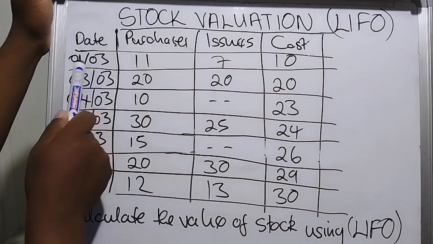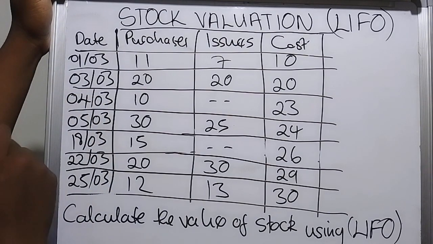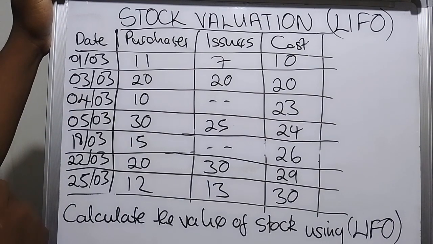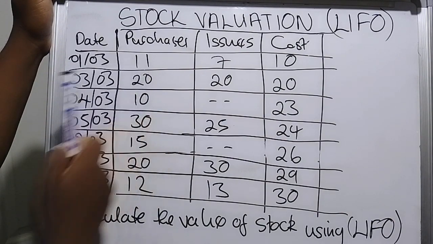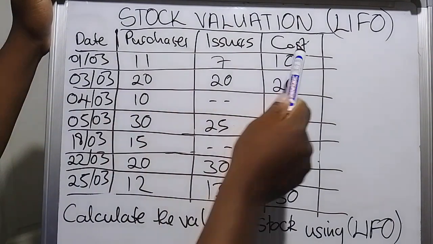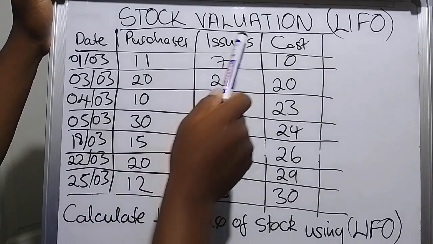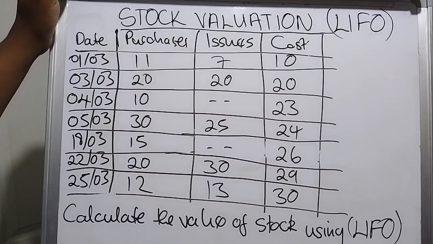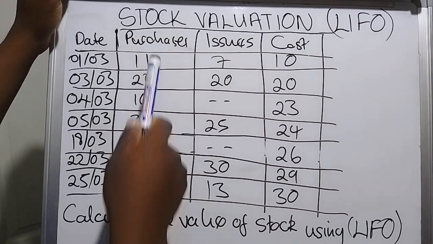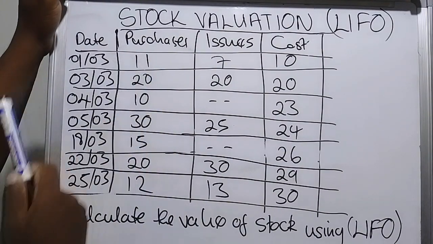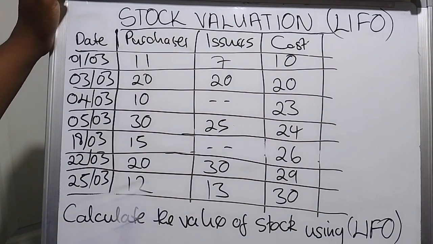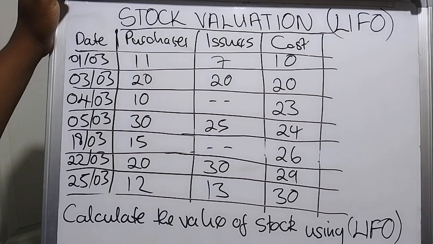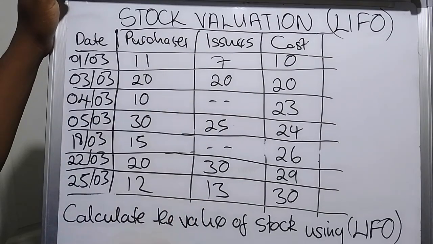Okay, so on this first row, it means on the 1st of March, 11 items were purchased at the cost of $10 and 7 items were issued out. It means the organization received 11 items of stock and then they issued out 7 items. It's the same within all these rows.